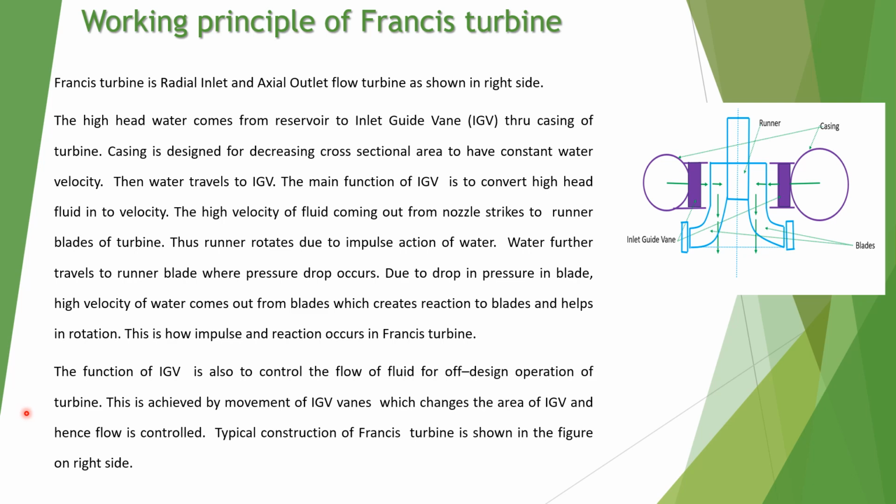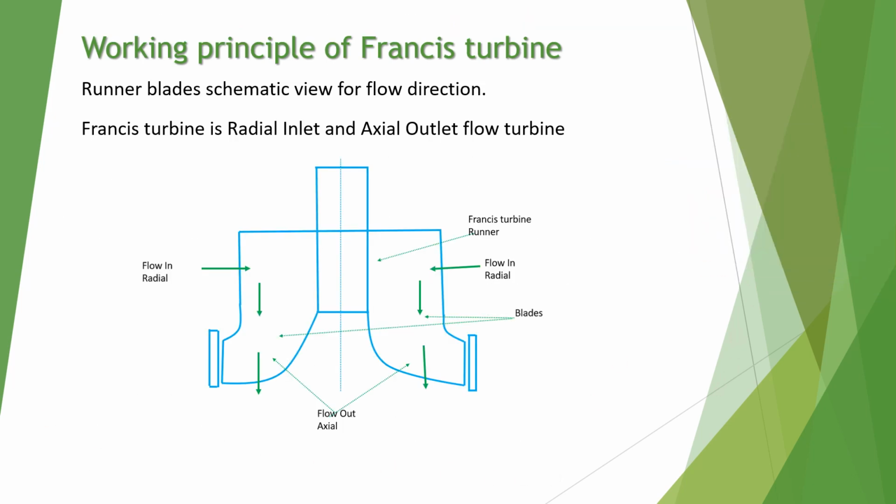A typical construction of the Francis turbine is shown here. This is a schematic of the runner blade or rotor for the Francis turbine. You can see the flow in the blade is radial at the inlet and axial at the outlet, after entering radially, and then finally it goes to the outlet.